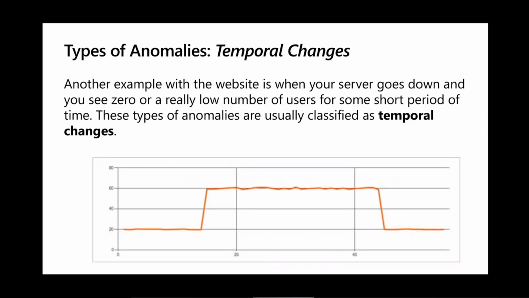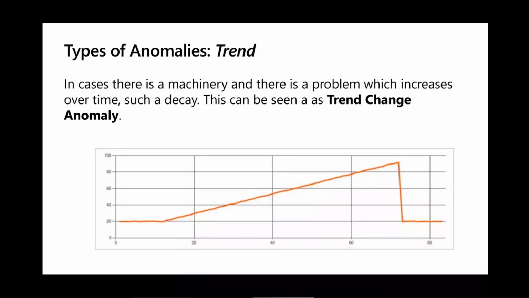Another type of anomaly would be a temporal change. This is when your server goes down and you see that there's something temporal going on, right? So it's not like a peak or dip, but something changes from one point in time to the next very substantially. And the last typical type of anomaly is a trend.